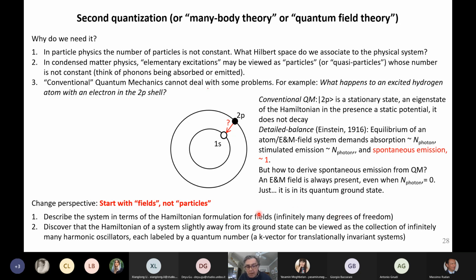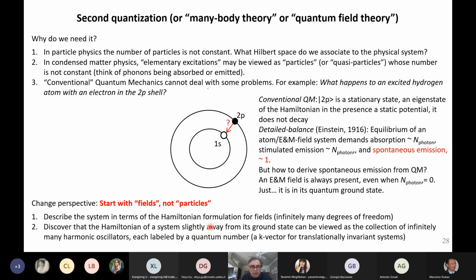And so we will discover that in doing that, the Hamiltonian of a system, which I quantize, will show that excited states can be viewed as excitations of harmonic oscillators, which I can treat as particles. And this actually extends to two fields which have nothing to do, strictly speaking, with crystals.